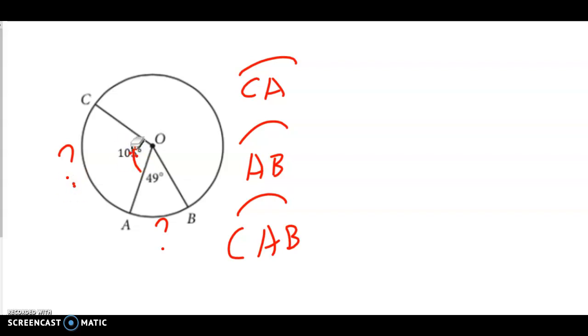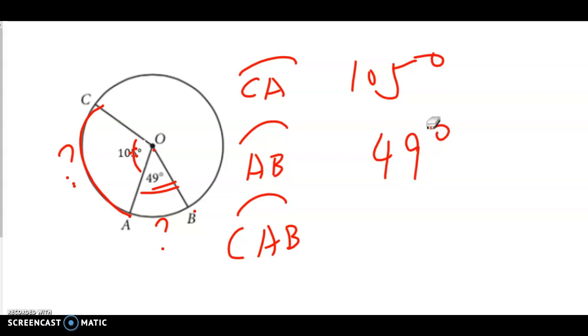So since 105 is the central angle, the arc for this central angle will be the same, 105 degrees. Next, the central angle AOB is 49, so the arc for the central angle 49 will be the same, 49 degrees.